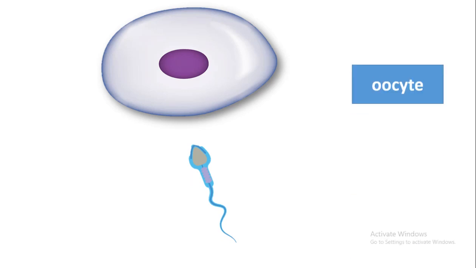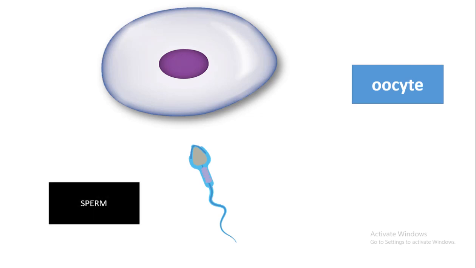So we can look at an overview of these two cells. I'm pretty sure you are not confused looking at this picture. This is an oocyte, and we also have another sex cell, which is the sperm cell.